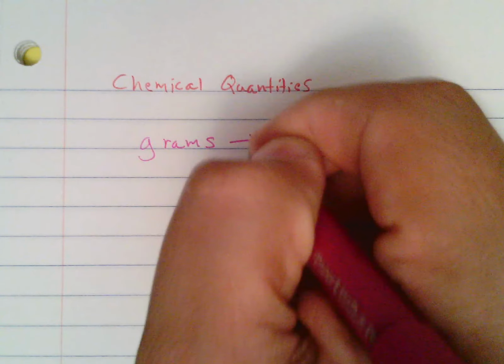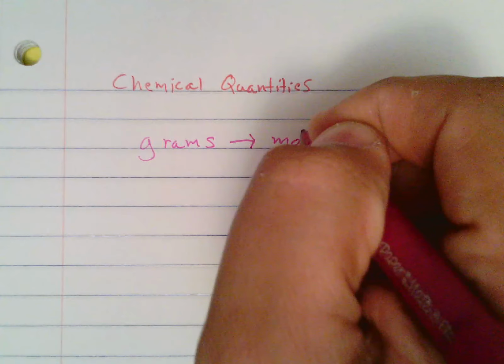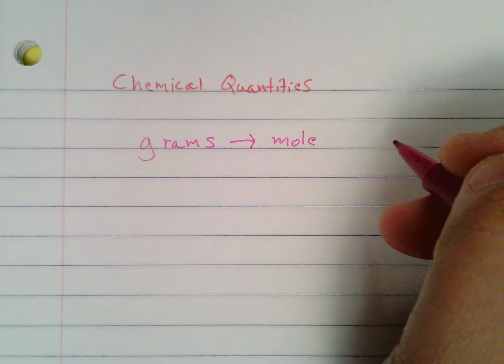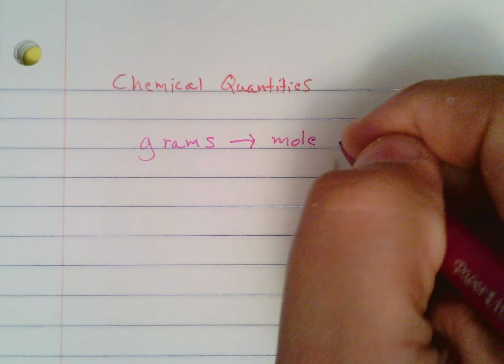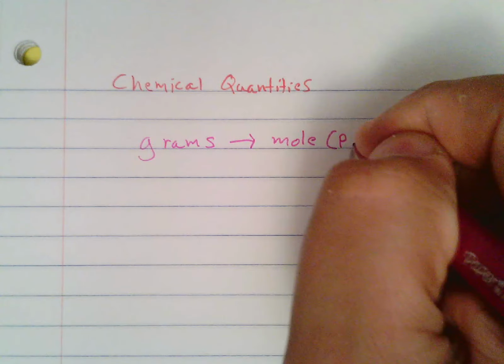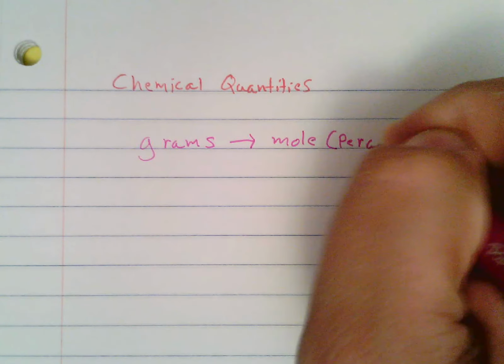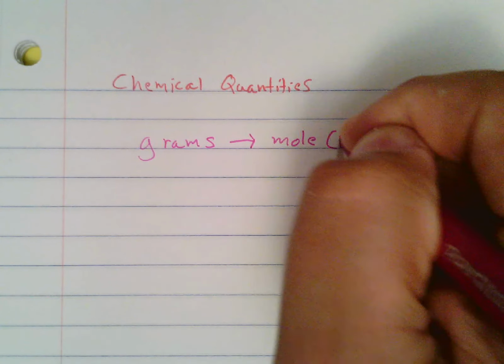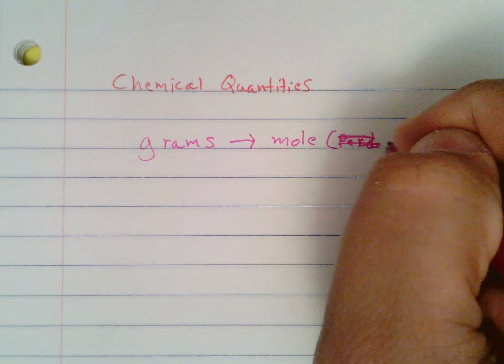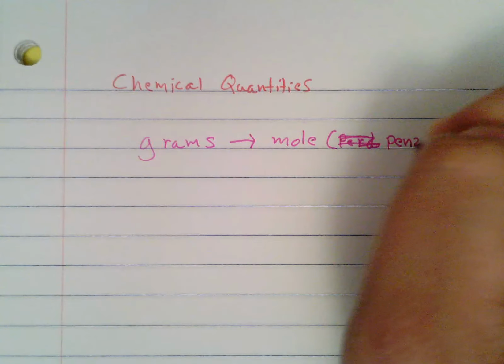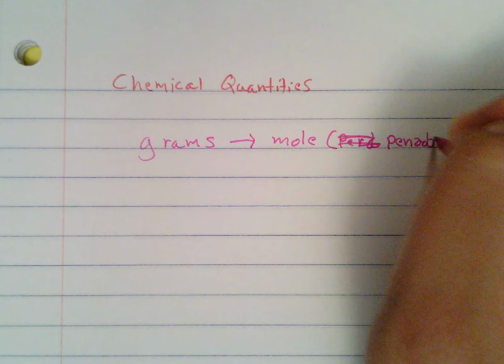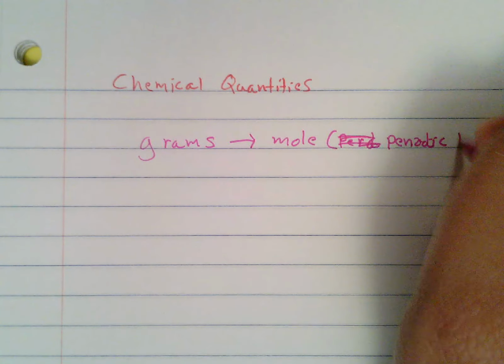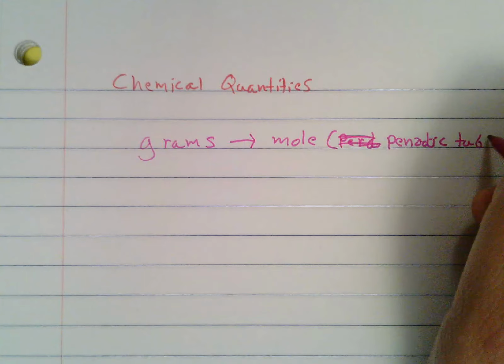Okay, this is an easy conversion, and this is the one that requires the periodic table. So you'll end up needing to look for the atomic mass of whatever element we're looking for.